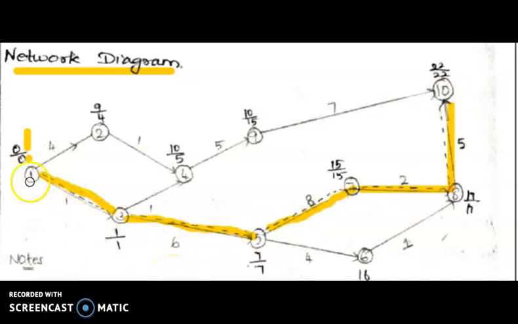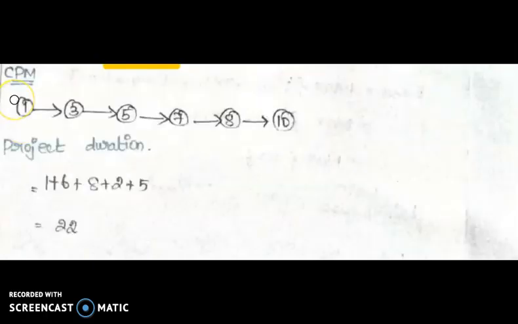The critical path is 1 to 3, 3 to 5, 5 to 7, 7 to 8, 8 to 10. The value of CPM is 22. The total project duration length is 1 plus 6 plus 8 plus 2 plus 5. Total project length is 22.